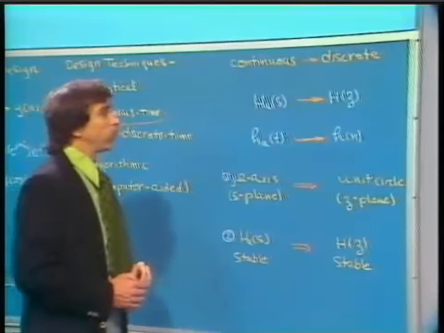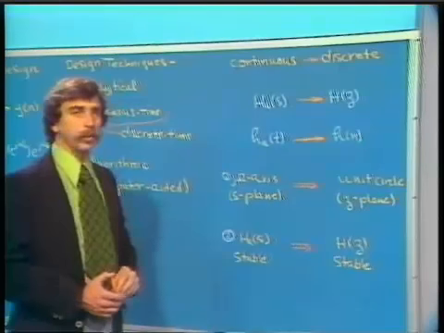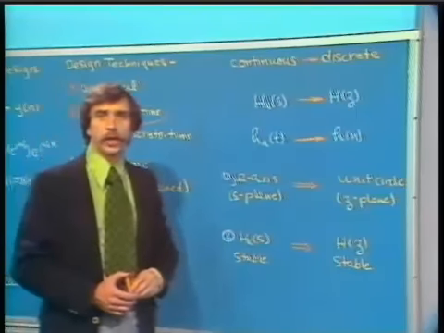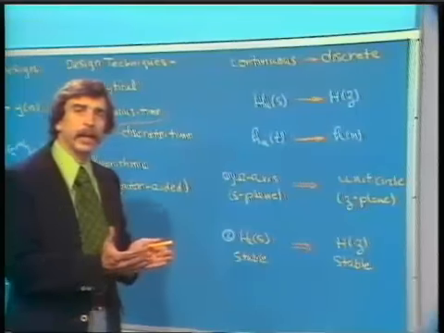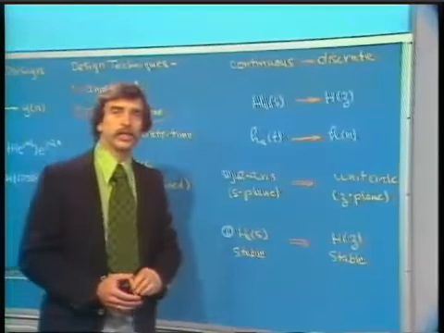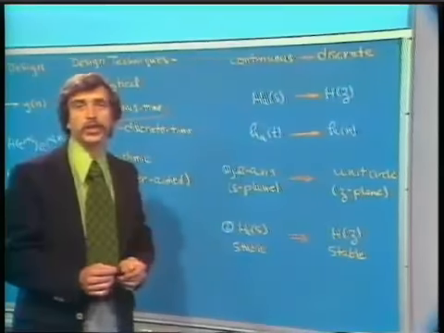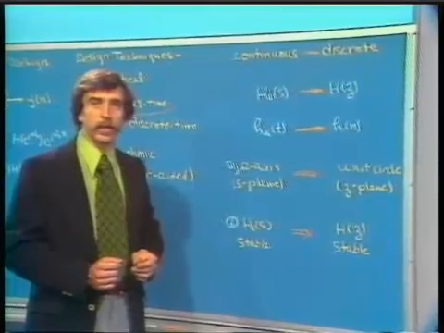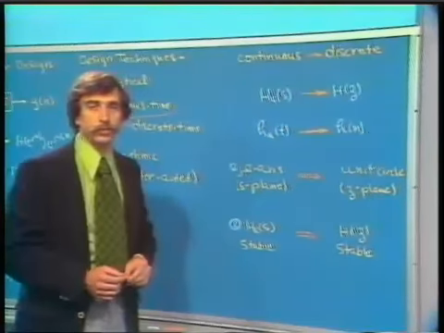Well, there are a number of procedures that are available. One of the first that tends to come to mind when you think of mapping a continuous time filter to a discrete time filter is to approximate, in some sense, let's say the differential equation for the analog filter by simply replacing the derivatives by differences.